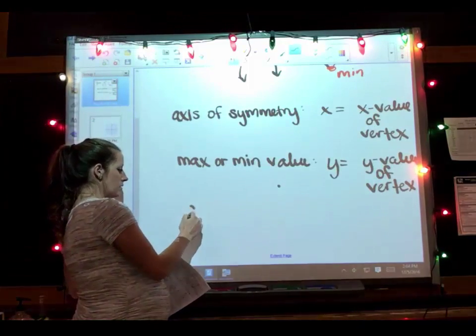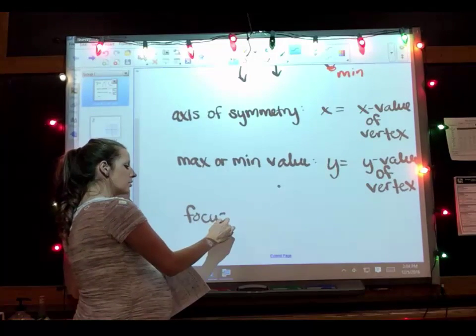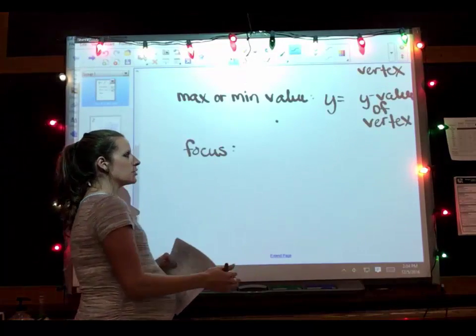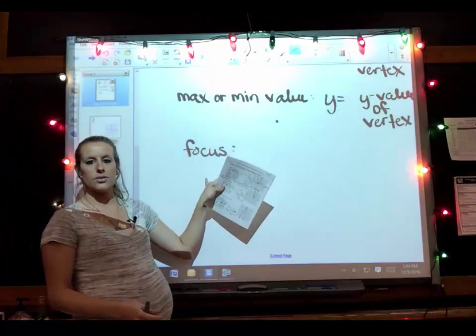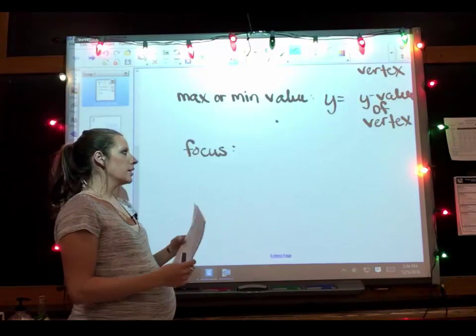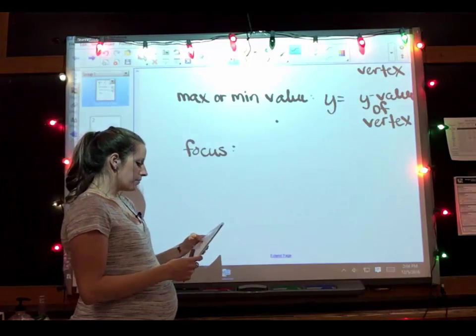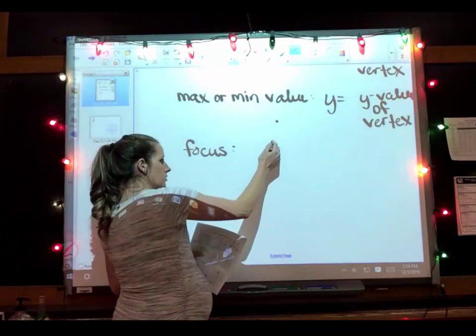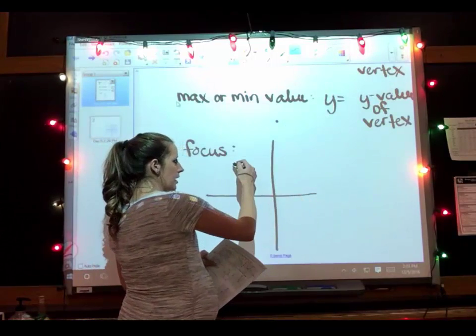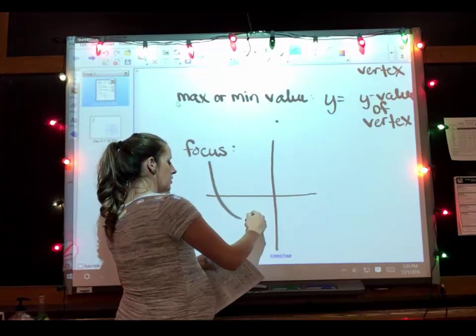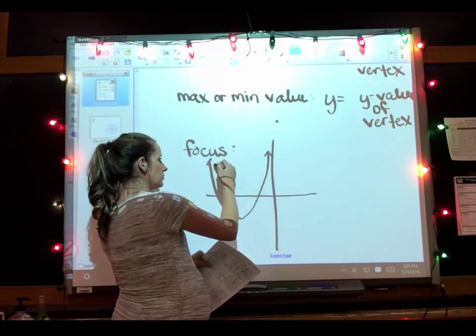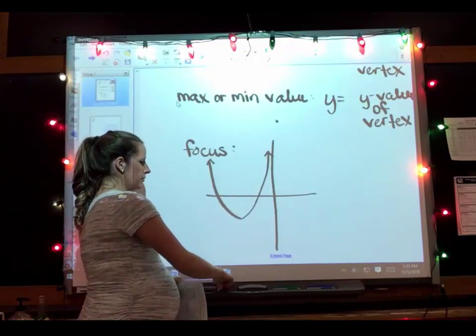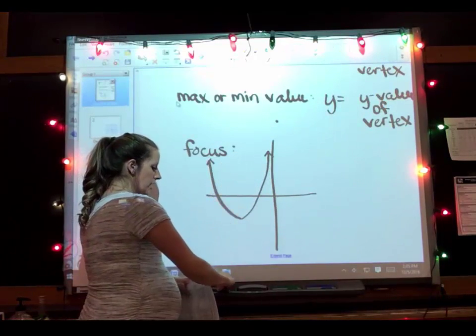Okay, the next one is new. It's called the focus. And you're going to be figuring out the focus a lot more in pre-cal next year. But your focus is on the axis of symmetry. So let's say I have a parabola that looks like this. I have an axis of symmetry going right down through the middle.